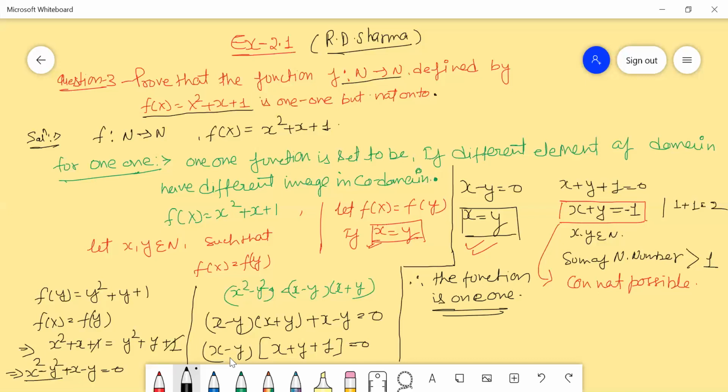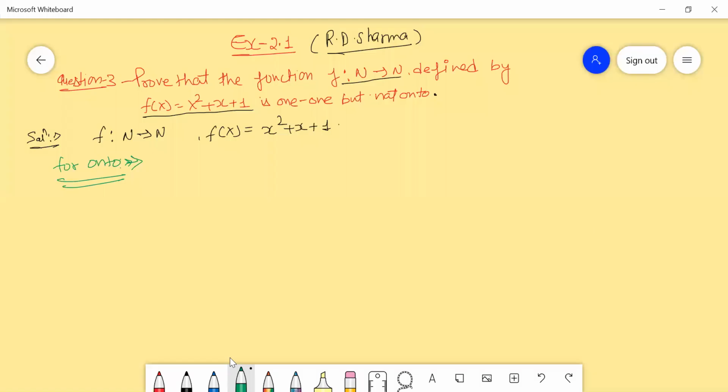Now, second, we have to prove that this function is not onto. So please write it. Now we are checking for the onto function.